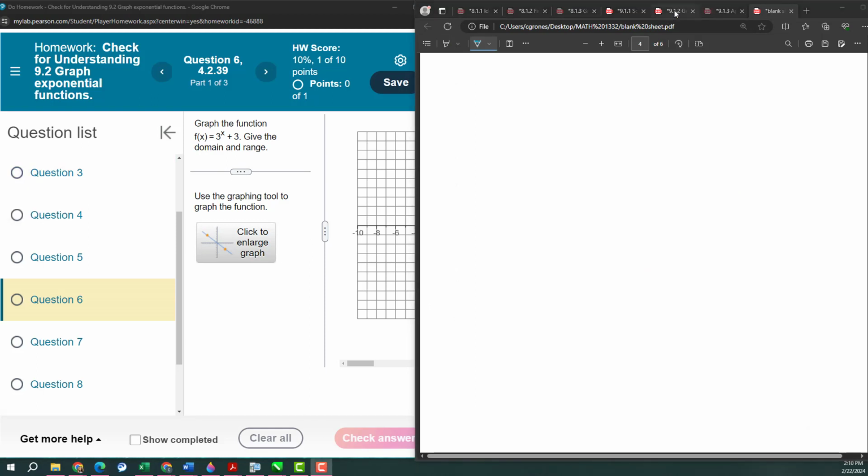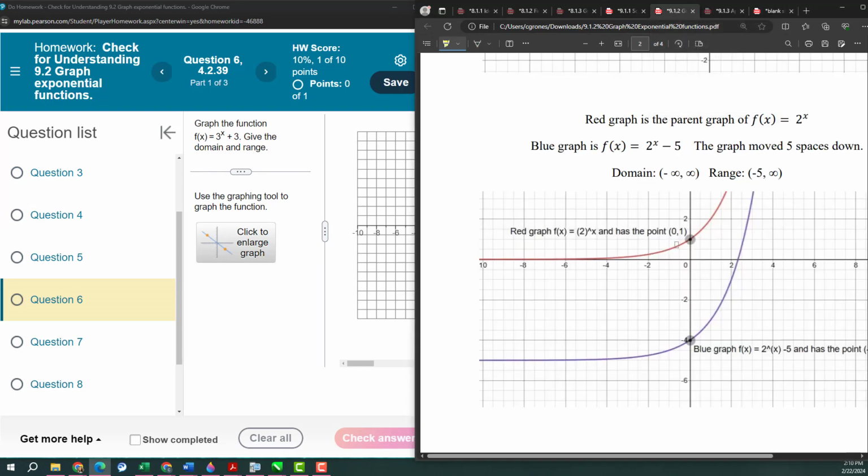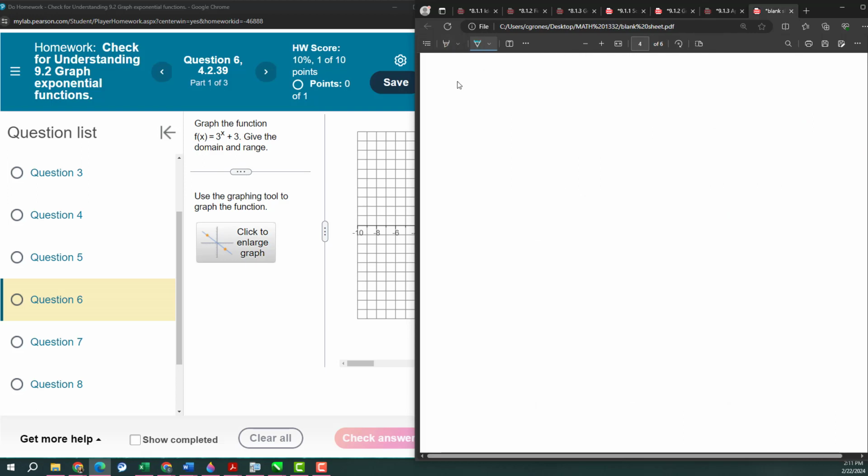If you look at your notes, they do have examples of some graphs. This one is where the graph is translated or shifted up, because we have that plus 3. This is 9.2, number 6: f of x equals 3 to the power of x plus 3. And we're going to have our XY table.